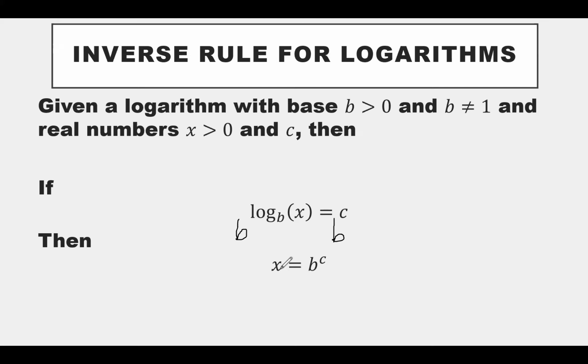That would just give me x equals b to the c power. So the inverse rule for logarithms, you can think of this as applying b to that power on both sides, or you can think of it as rewriting this logarithmic equation into this exponential equation. Either way is fine.